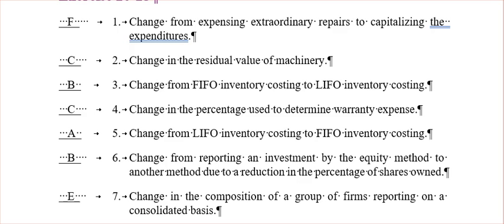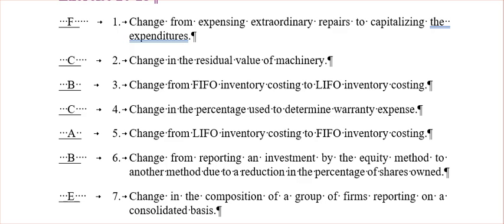Change from reporting an investment by the equity method to another method. Okay, so you're going from equity to something else. What do you do if you go from equity to something else?